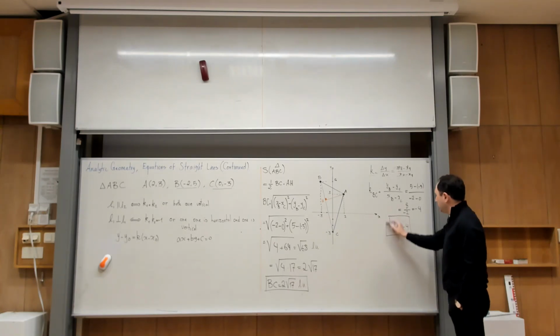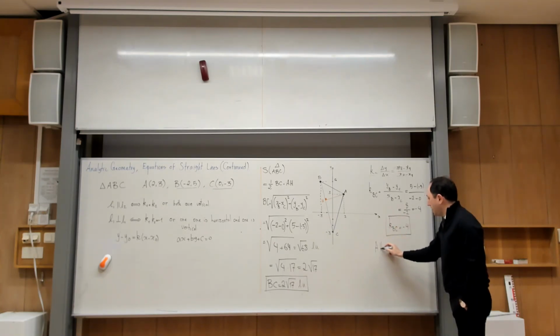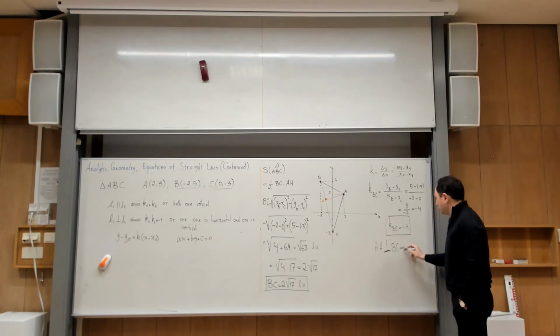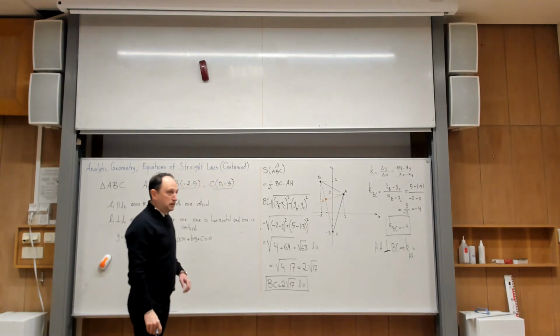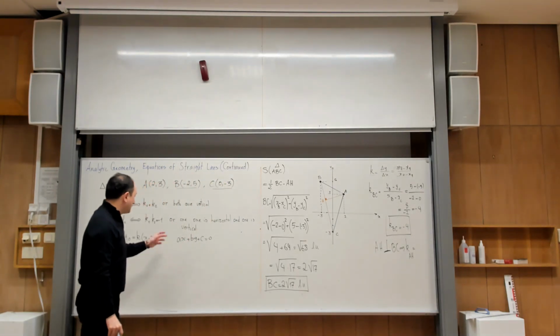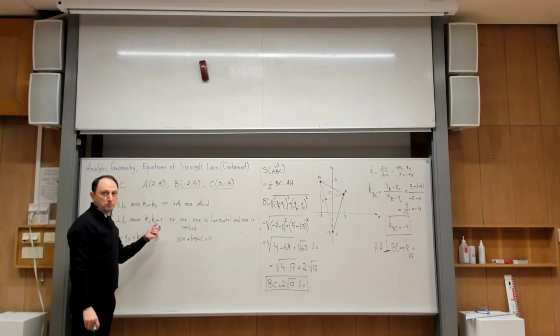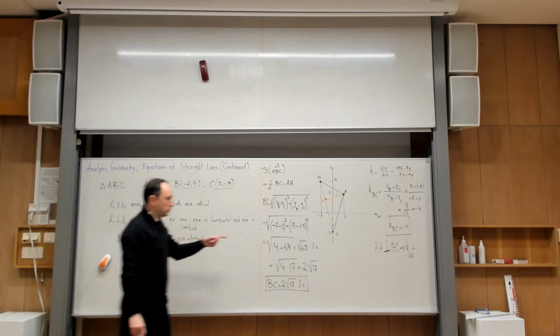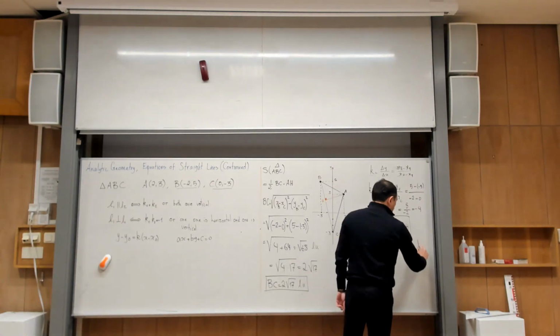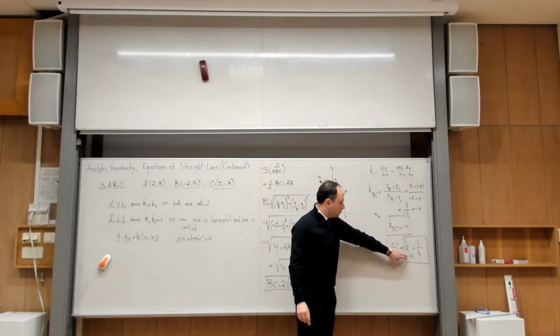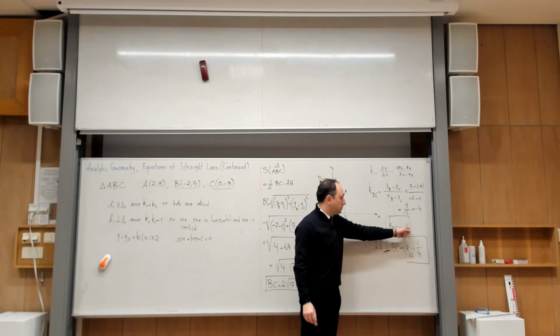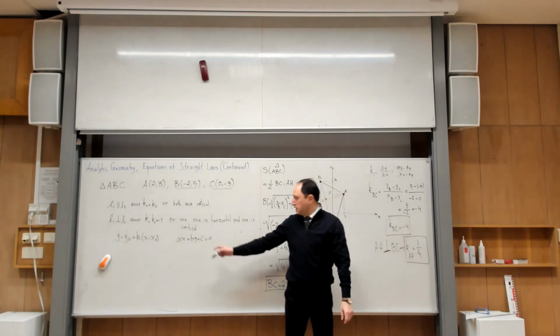Now, because I know that AH is perpendicular to BC, can you tell me what is the k value of AH then? 1 over 4, yes? Because the product is supposed to be minus 1. This value should be something that when multiplied by minus 4 gives me negative 1.